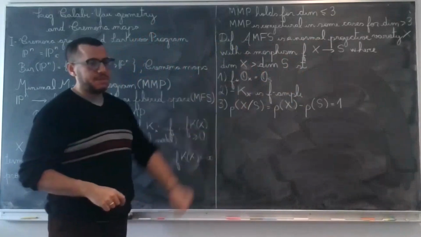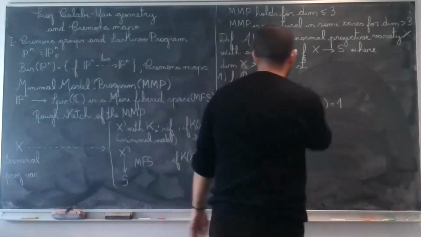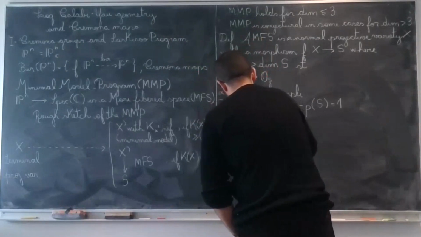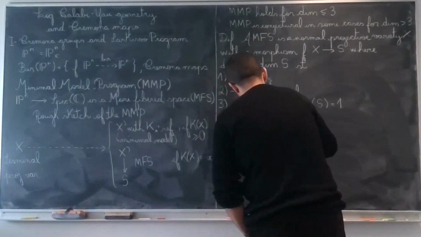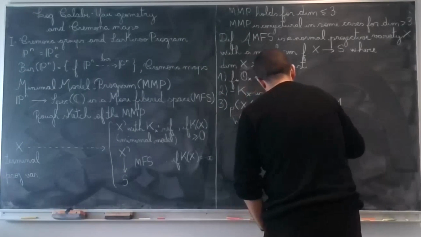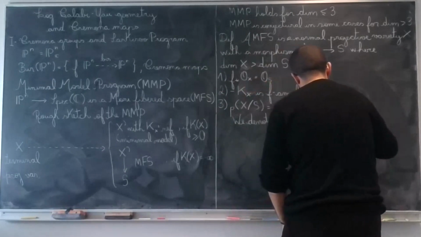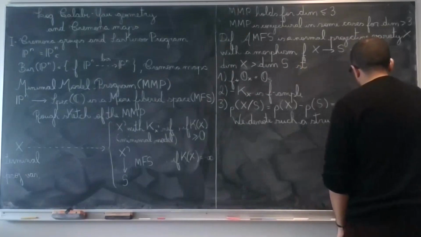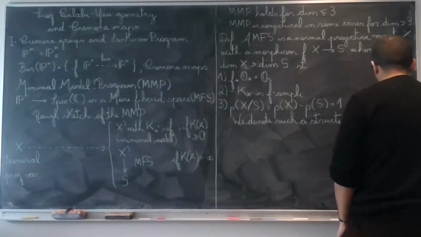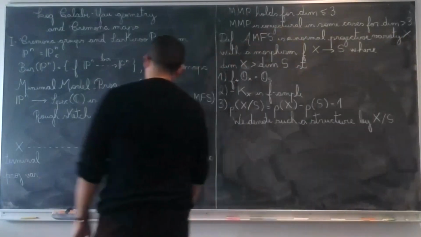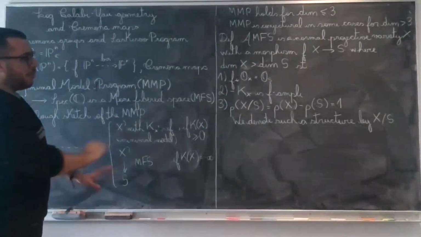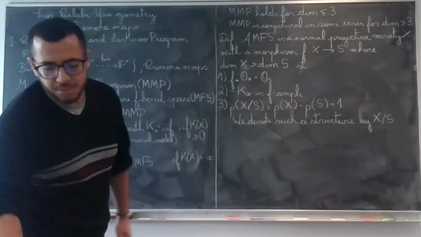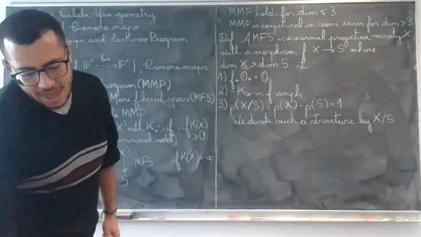All of this defines a Mori fiber space, and we denote such a structure by X over S.